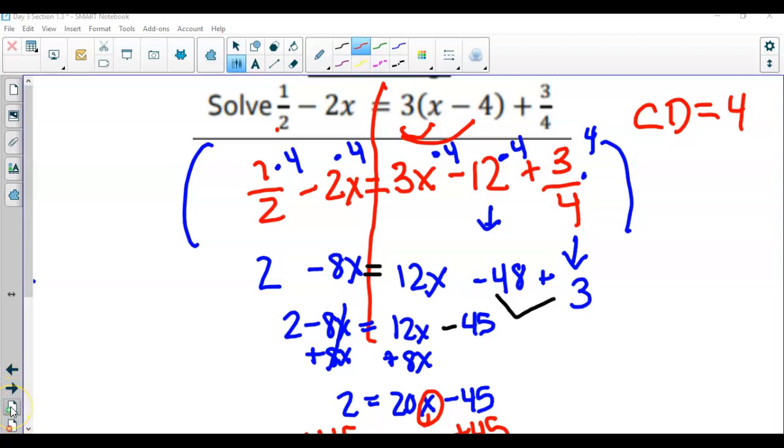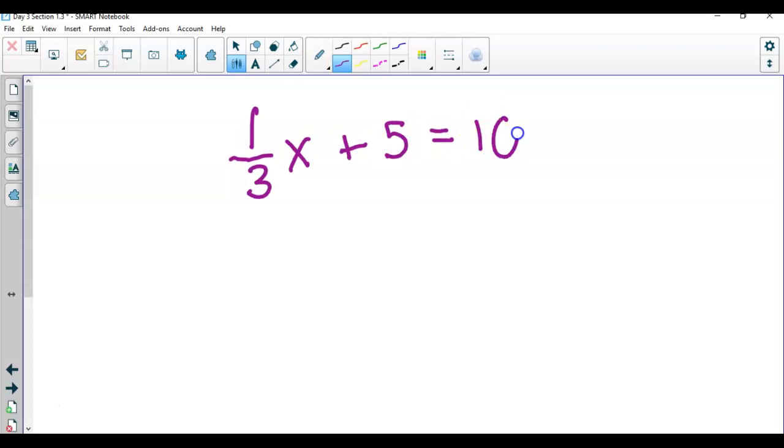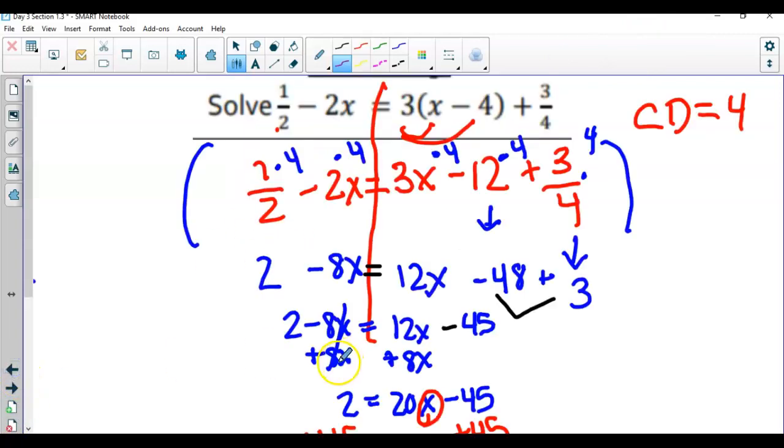Before we move on to the next slide, I do want to be really clear though about one thing. I'll just kind of make up a problem on the fly. With fractions, let's say that I had 1/3 x plus 5 equals 10. In this case, you could use that strategy I just talked to you about as a common denominator, but in my opinion, I only use it when there's more than one fraction.